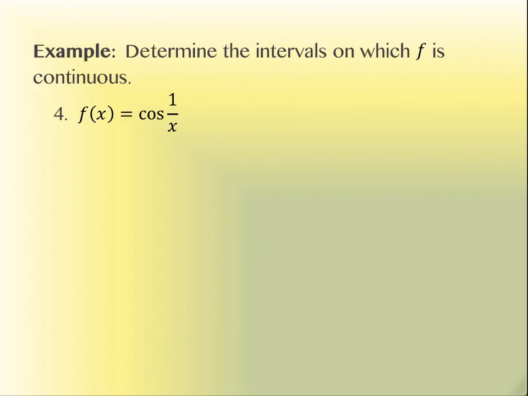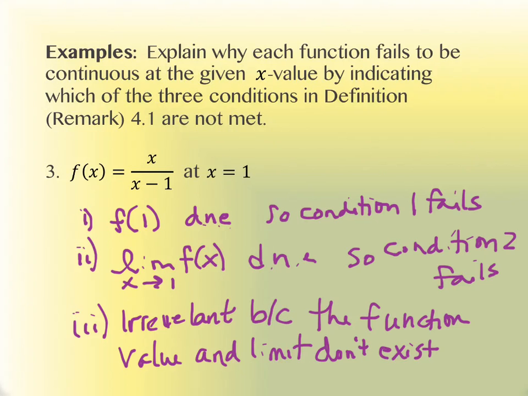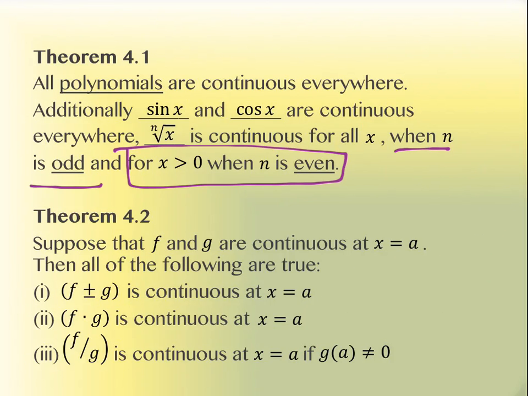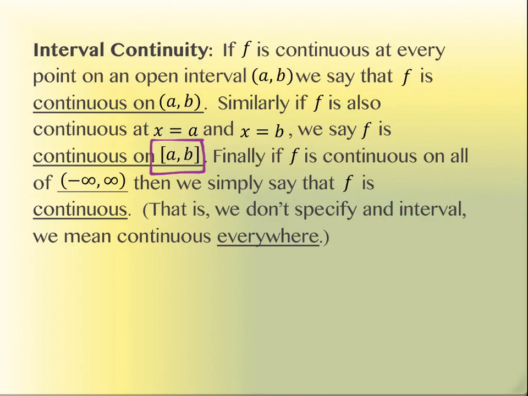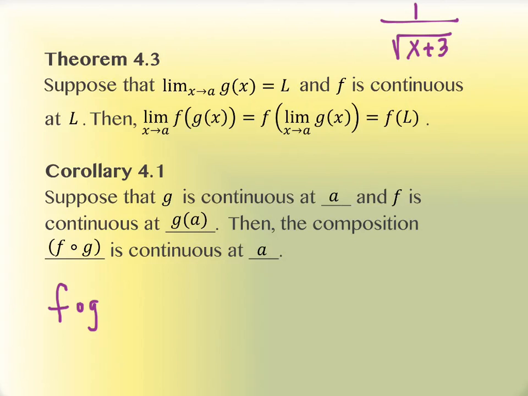That's what the theorem we had earlier said: that polynomials are continuous everywhere, and that sine and cosine are continuous everywhere. So why is this one not continuous everywhere? Because inside of it is another function. It's a composite function like we wrote down over here. It's f composed g.